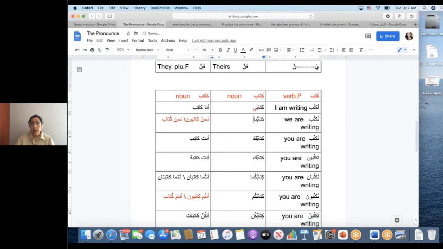If you want to say I am a writer, singular, the speaker says ana katib. Ana katib. What if it's feminine, Sami? What if she wants to say I am a writer? How are we going to say it?